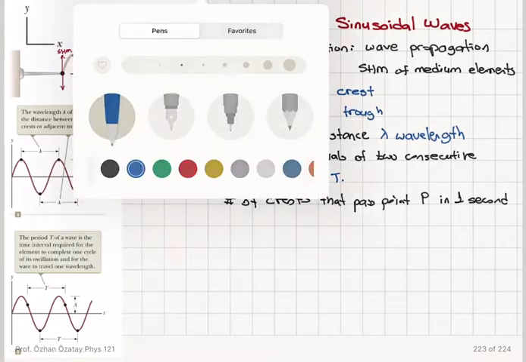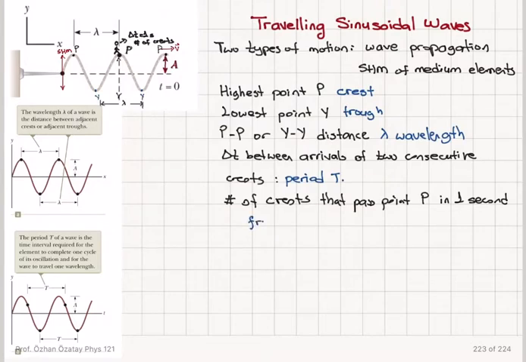That's what we call frequency. The wavelength is measured in meters, the period is in seconds, and the frequency is 1 over the period, 1 over second, or hertz.